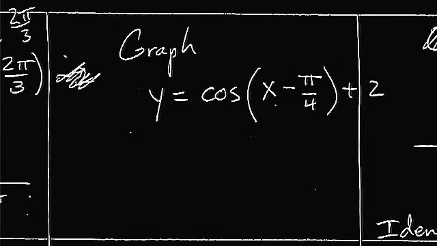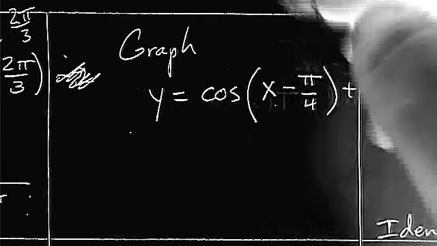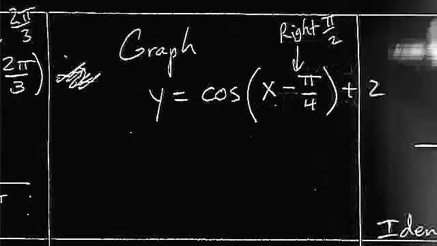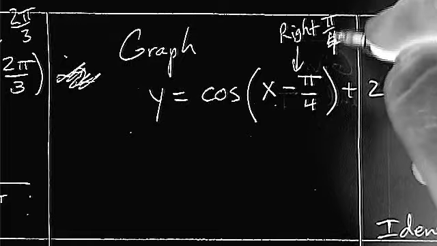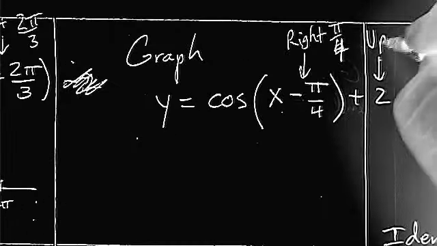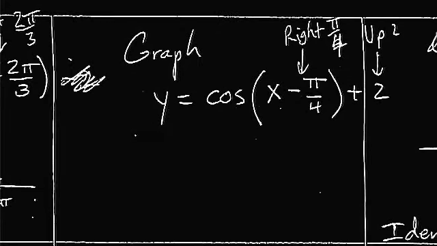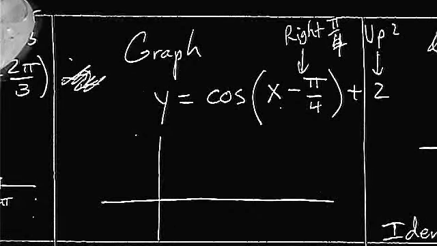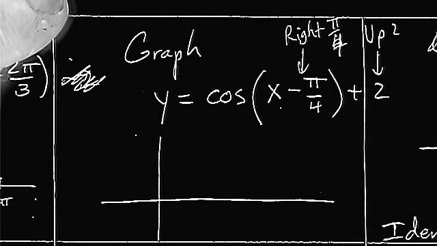Y equals cosine. Looks like a cosine wave that has been moved to the right, pi over 4. Oops, 4. Said 4. Why did I write 2? I don't know. And it's been moved up 2 units. So this has a vertical and a horizontal component to it.